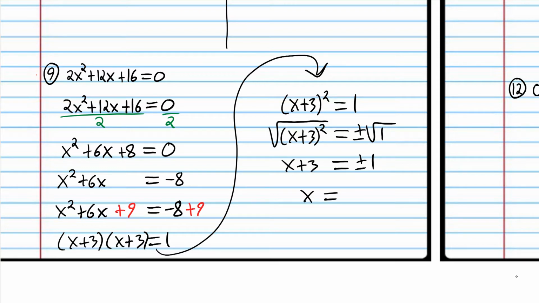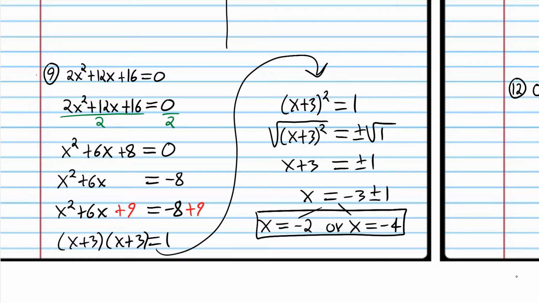Subtract 3 from both sides, and we get negative 3 plus or minus 1. If 1 is positive, we have negative 3 plus 1 is negative 2. And if 1 is negative, we have negative 3 minus 1, which is negative 4. So if you got those answers, good job.